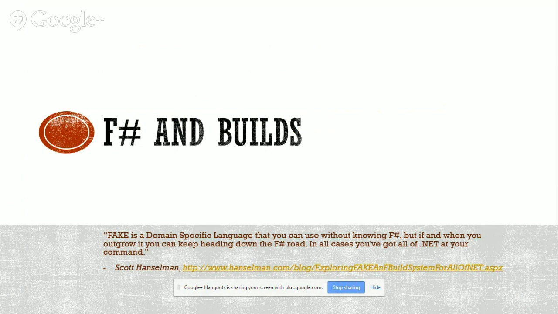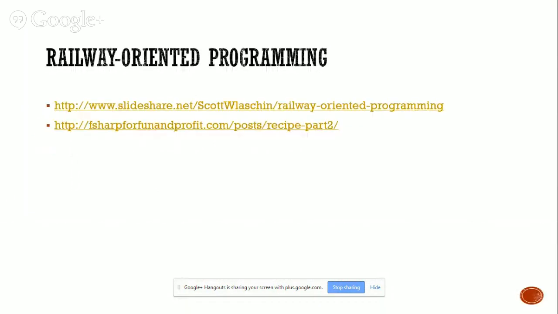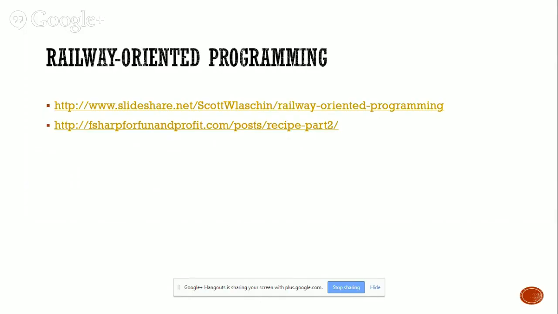Before I move on to the build piece, does anybody have any more questions on railway-oriented programming? Scott Wlaschin does a fantastic job discussing it, so you'd probably learn a lot more from looking at that. Happy to answer any more questions related to it. Nope, I think we're good right now. Okay. The main concept is just you push everything forward as opposed to having things bounce back and forth the way exceptions fly.